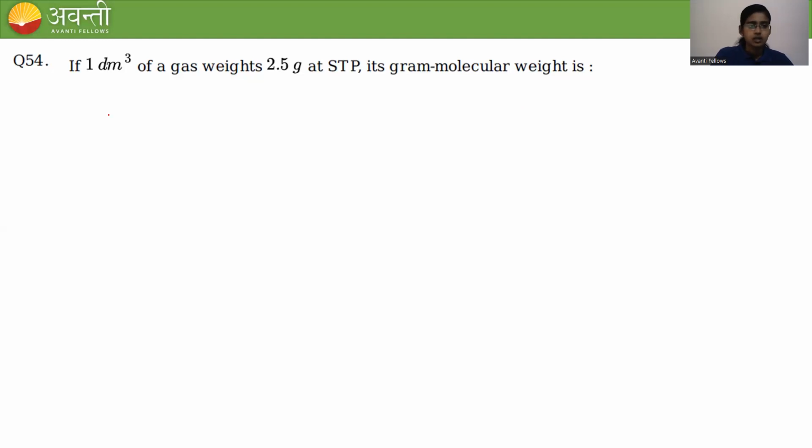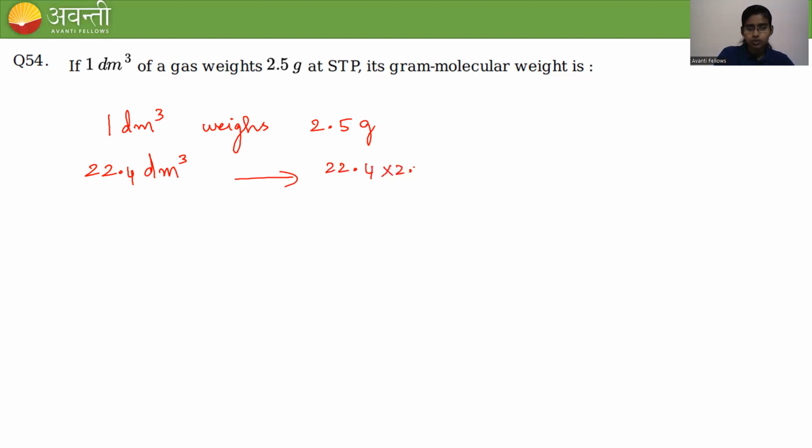So here 1 decimeter cube weighs 2.5 gram. Okay. Now we know that 22.4 decimeter cube weighs 22.4 into 2.5 divided by 1.